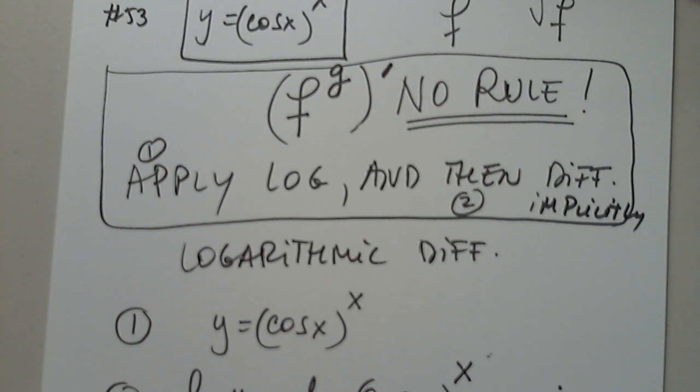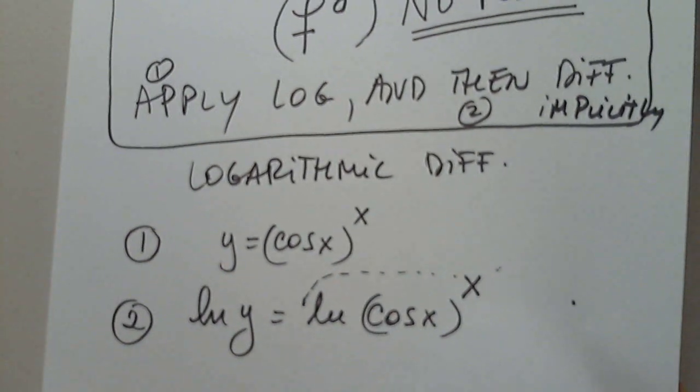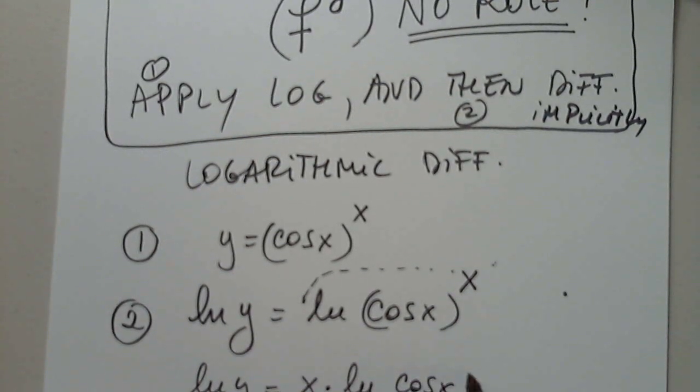Anyone remembers the property of the logs that we discussed that needs to be applied here? Would that be x ln cosine x? Exactly. We have to use the power rule. Excellent. Thank you so much. So we have natural log y equals x multiplied by natural log of cosine x.